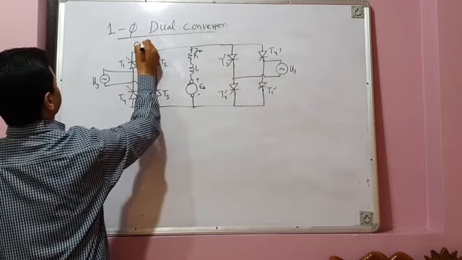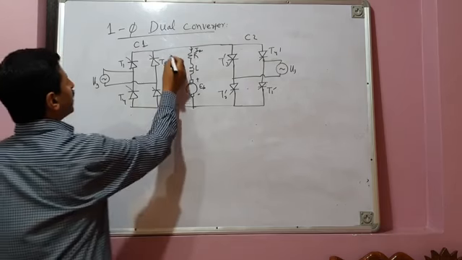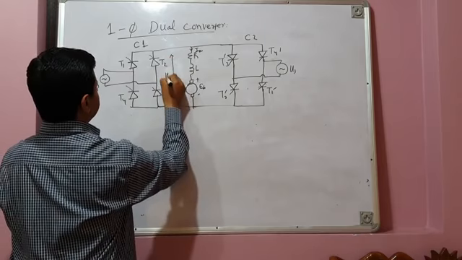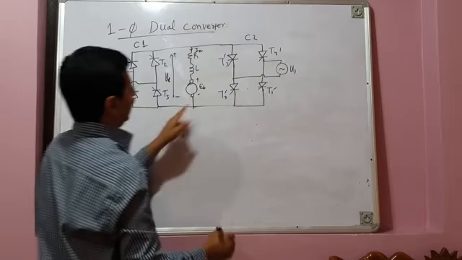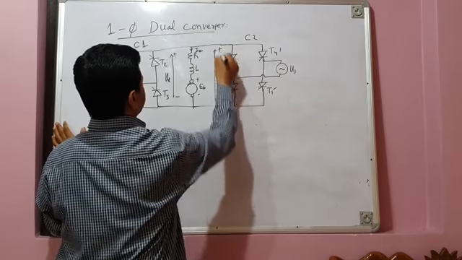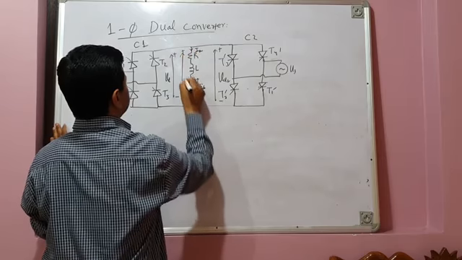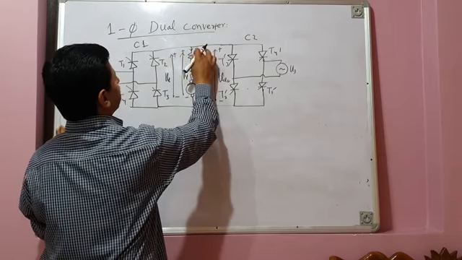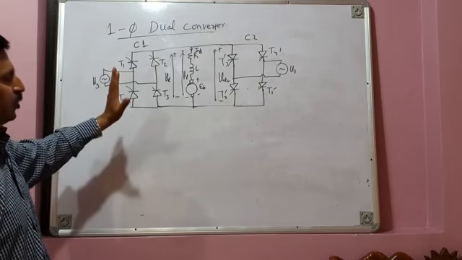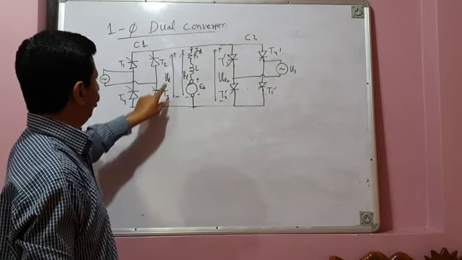This converter is converter C1 and this converter is converter C2. The output voltage of this converter is VD1 and the output voltage of this converter is VD2. So the load voltage is VD, and let's call the load current ID. Therefore, a single phase dual converter comprises two fully controlled converters, two full converters.